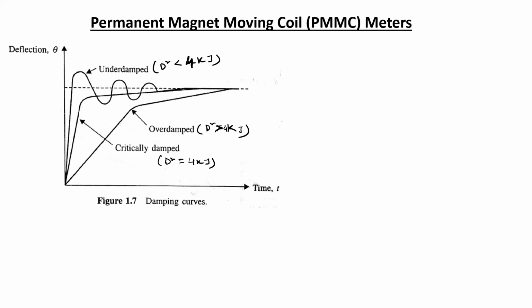So in this way, depending upon the damping coefficient and the spring constant, or the moment of inertia, the nature of behavior of the system can be predicted if these values are known.